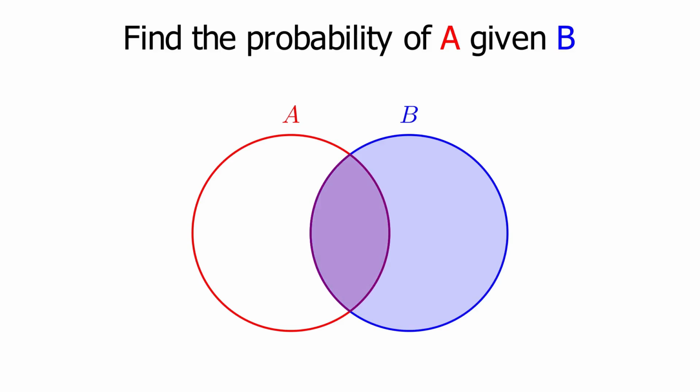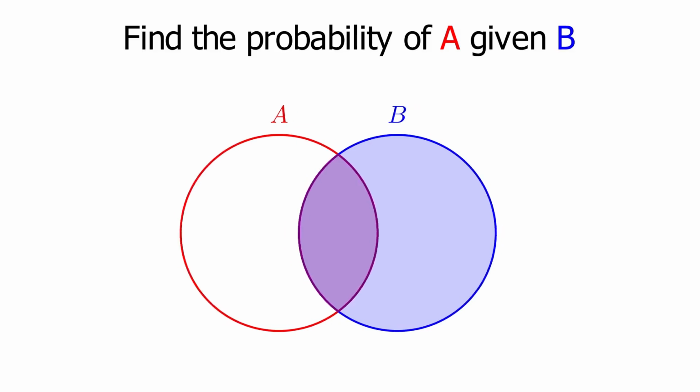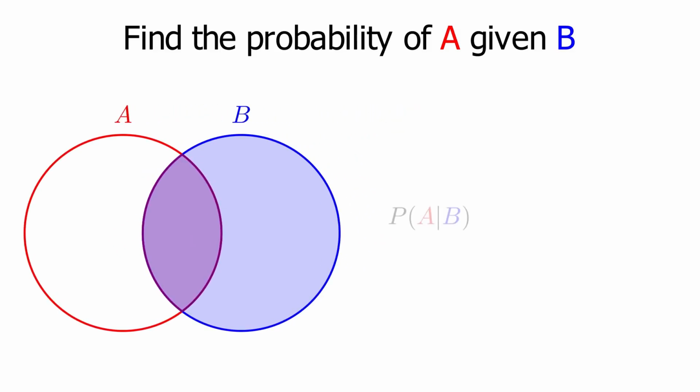So to translate this as a formula, we can represent it like this, where we'd say the probability of A given B. Now this vertical bar is how we would denote given, okay? And we'll always have it in this format where what we're finding will always be on the left. So we are finding the probability of A, and then what we're given will always be on the right side.